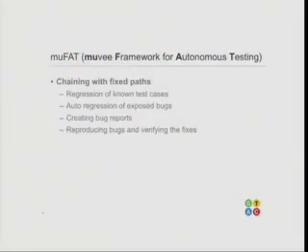All right. Then chaining is the second factor here, which makes it useful for us. So we've come up with two kinds of chaining of building blocks that we could use. One is fixed paths. Fixed paths to us mean basically test cases or test paths that we know should pass every day. Things like regression, of course.